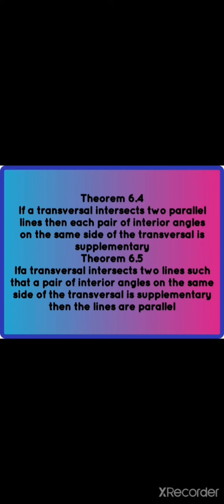That is, a pair of co-interior angles is always supplementary. Supplementary means the sum of the 2 angles is 180 degrees. Theorem 6.5 is the converse of theorem 6.4. If a transversal intersects 2 lines such that a pair of interior angles on the same side of the transversal is supplementary, then the lines are parallel. This also we can take as a condition to prove the given two lines parallel.